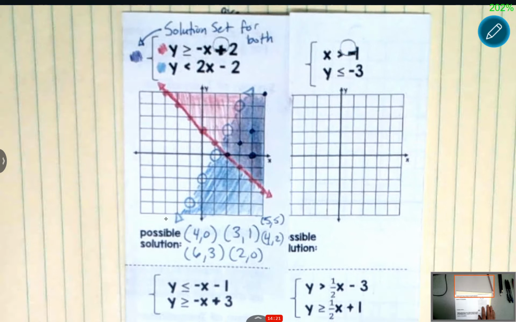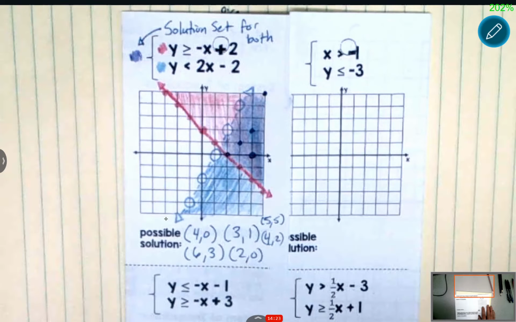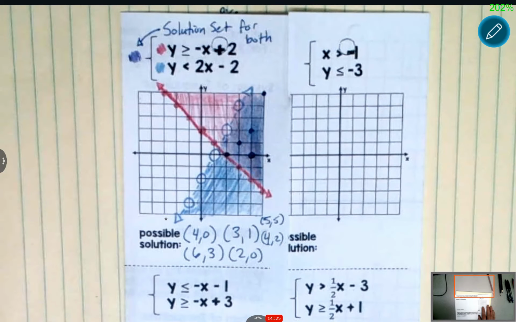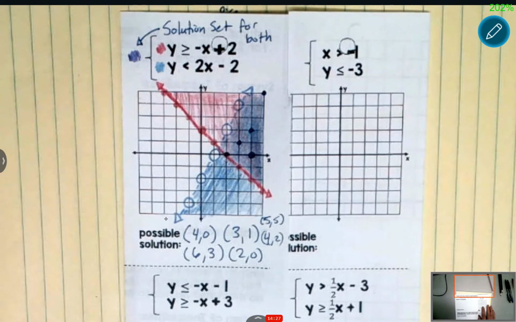This example says x is greater than negative 1. What kind of line is an x equals equation? Raise your hand if you can tell me what type of line an x equals equation is. Sam? It's vertical. If you haven't noticed, there's a yellowish poster in the back of the room to remind you: horizontal lines are y equals equations, vertical lines are x equals equations.